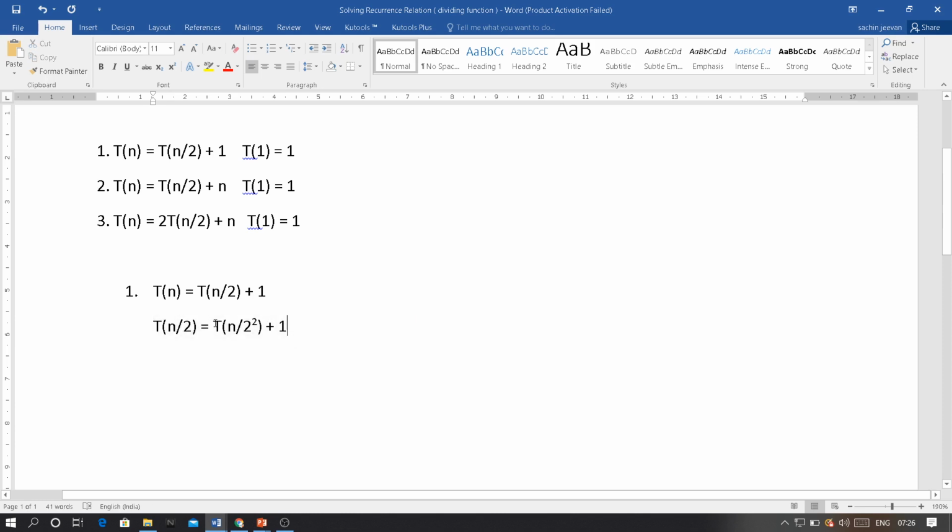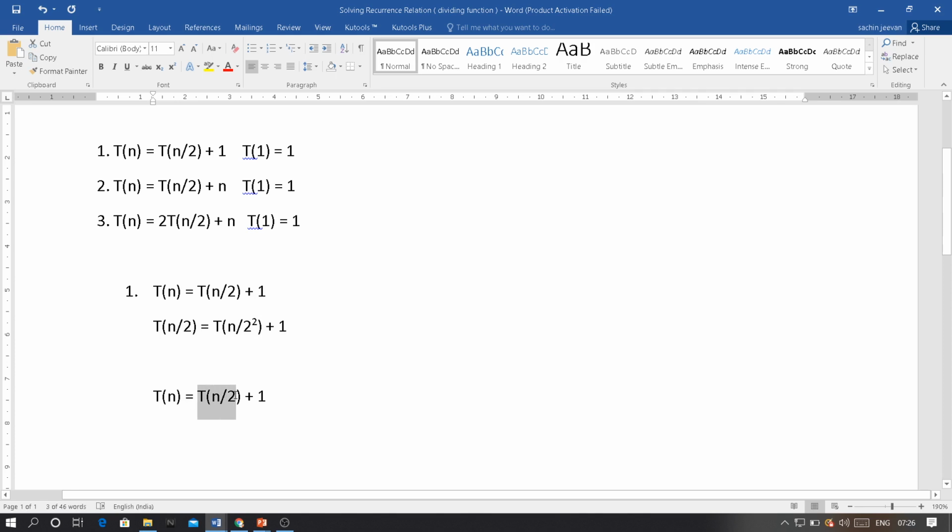Now if we take this and substitute it in the formula, what will happen? I'll copy it down, and instead of T of n divided by 2, we will substitute T of n divided by 2 square plus 1.